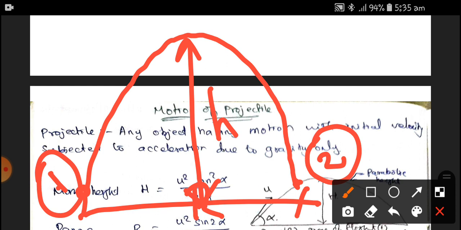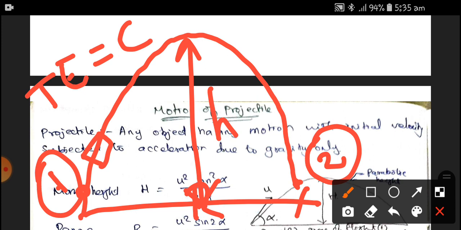Here we want to understand one thing: the energy of a projectile body. The total energy of the projectile is always constant. At point 1 it has more potential energy, and once the projectile starts to travel, the potential energy gets reduced and the kinetic energy gets more and more.